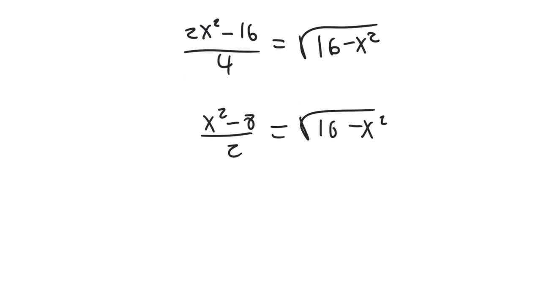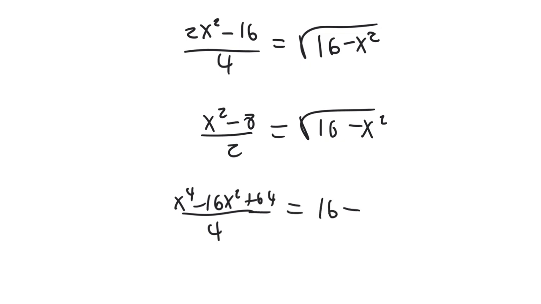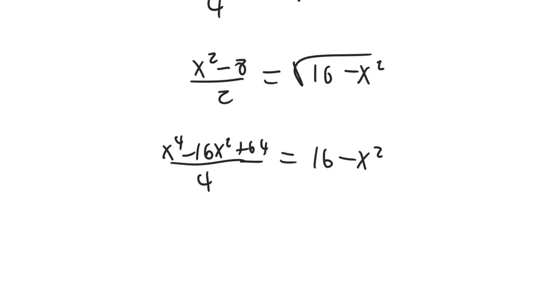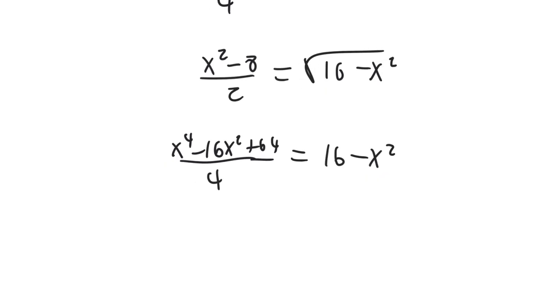And we'll square both sides. Now, as a result of squaring both sides, down below, of course, we would have 4, but up here we would have x to the fourth minus 16x squared plus 64, and that equals this. And really, we should be setting this equal to 0 because it's kind of like a quadratic-ish situation, right?